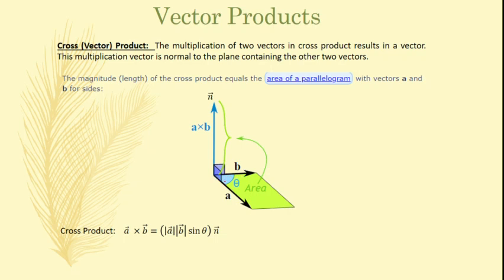If this one is A, the length of this vector is mod A, and the length of this vector B is mod B. Actually you have to give the vector sign here, it is missing here.